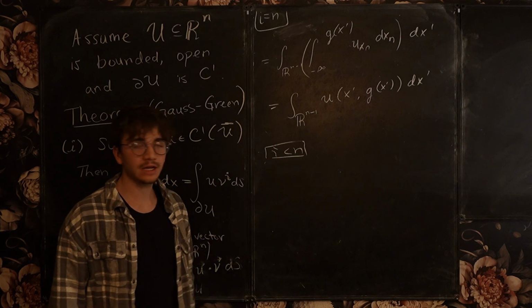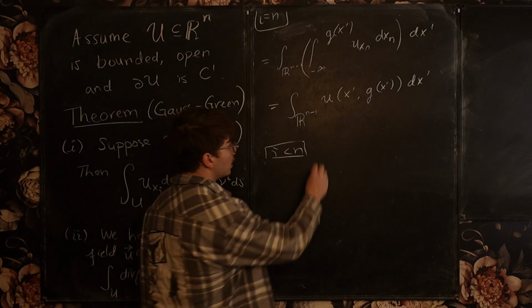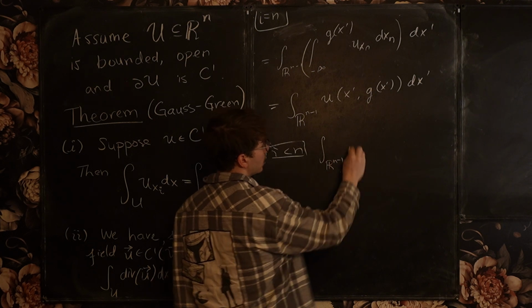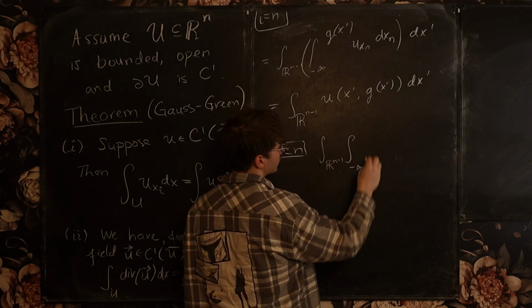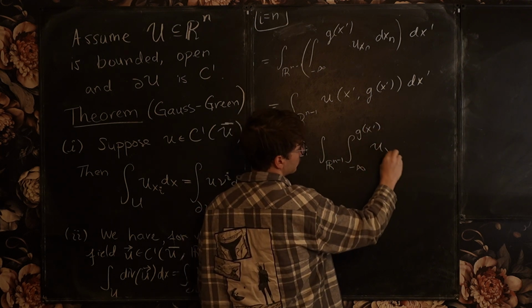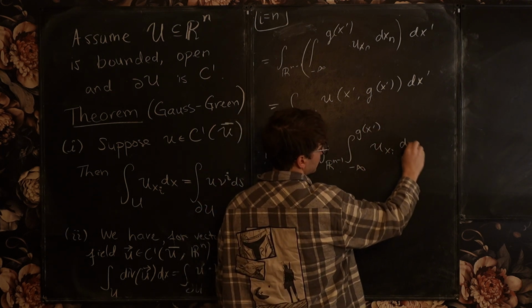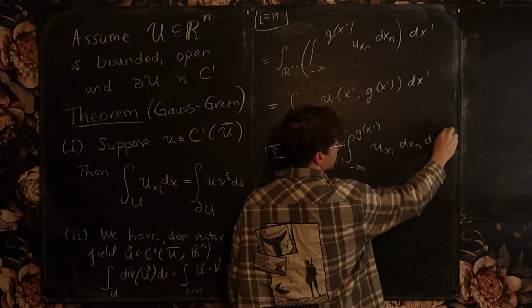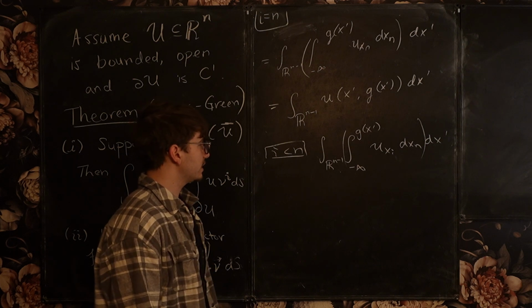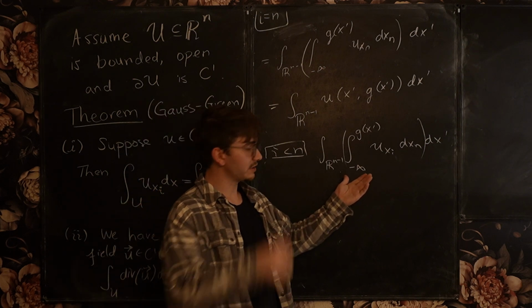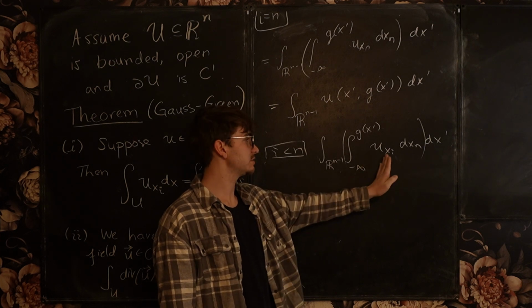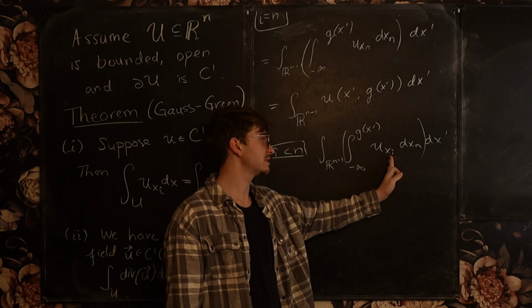So now in the case that i is less than n, we're still trying to evaluate the integral of partial U over partial xi dxn dx prime here. Okay, so the idea is that I want to evaluate this integral, and I want to use the fundamental theorem of calculus, and I have a partial derivative with respect to xi.